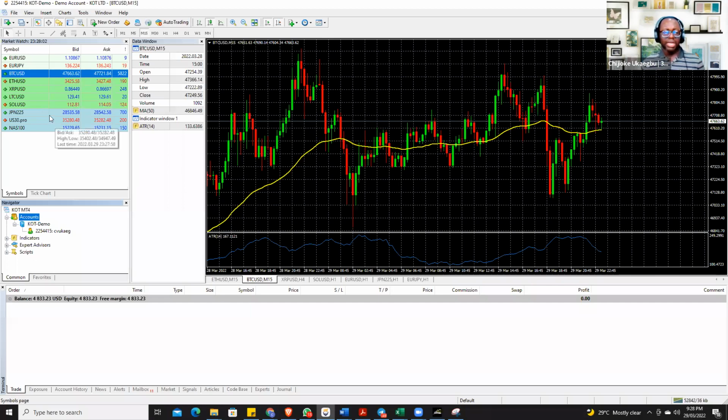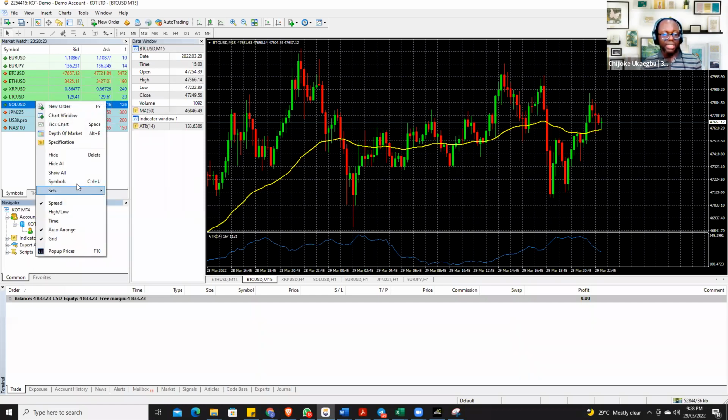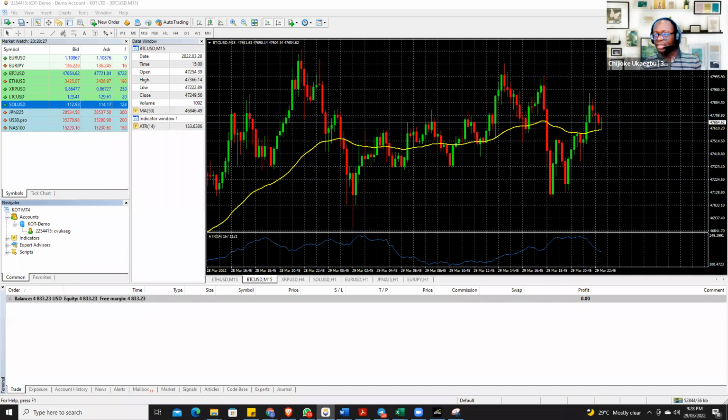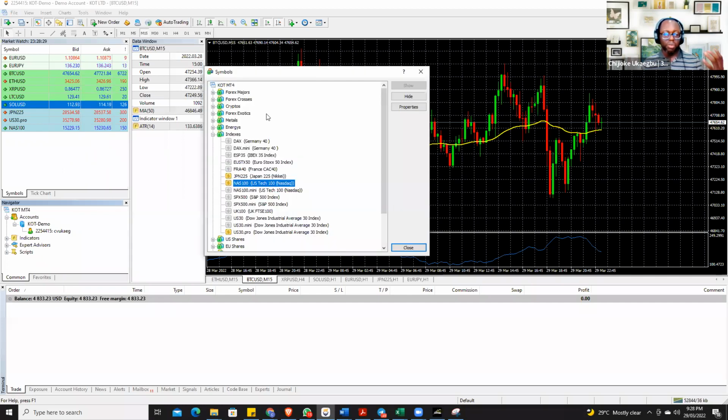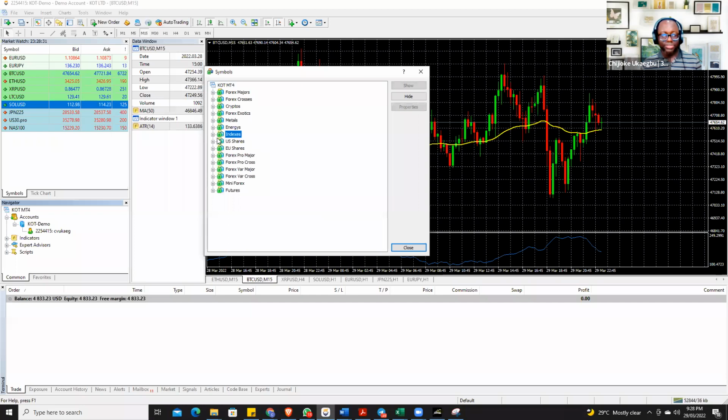I'll use this example to show you how you get the cryptocurrency symbols on here if they are not visible at the time you have successfully logged into your demo account. What you need to do is come over to this section that has different symbols. You right click and you look for symbols. Click on that and this dialog should pop up, something similar to this.